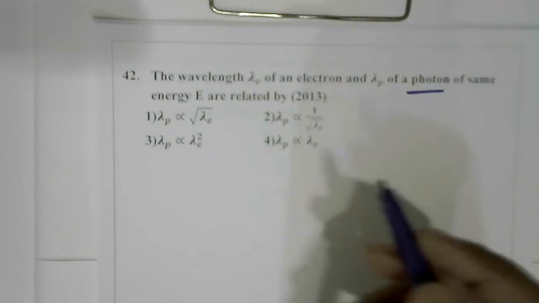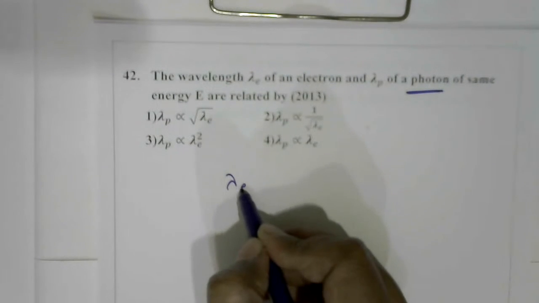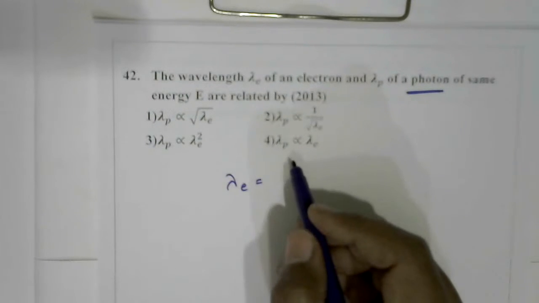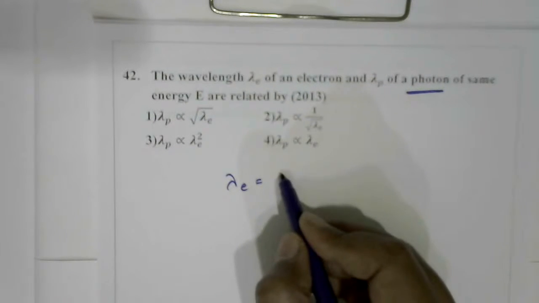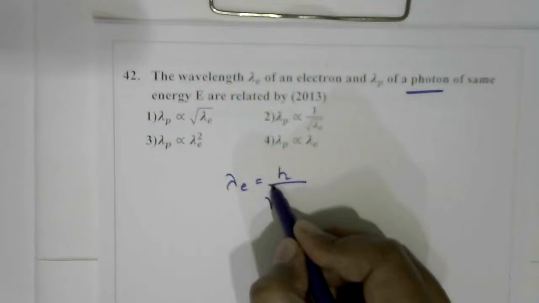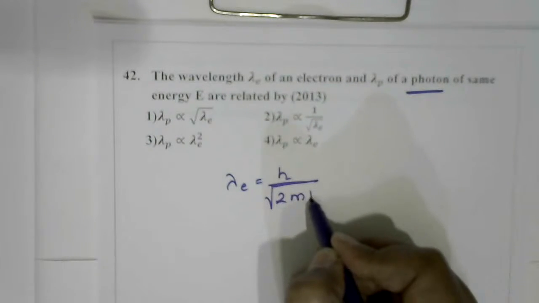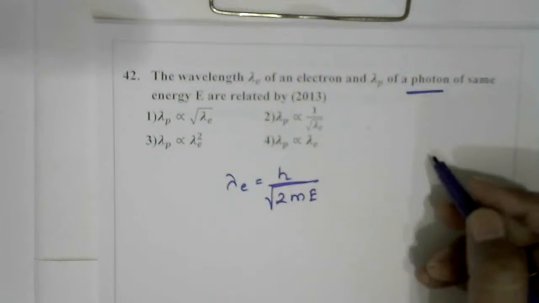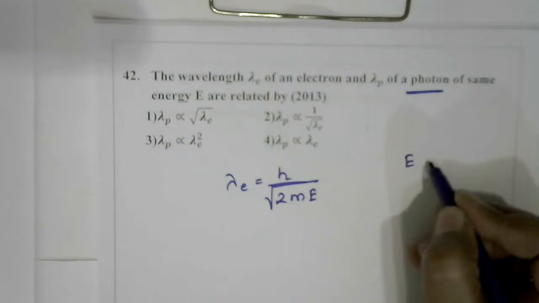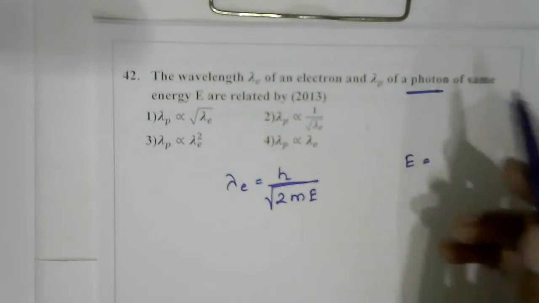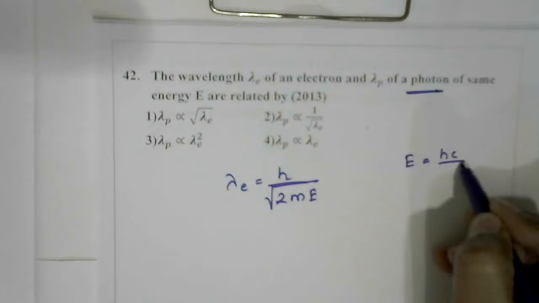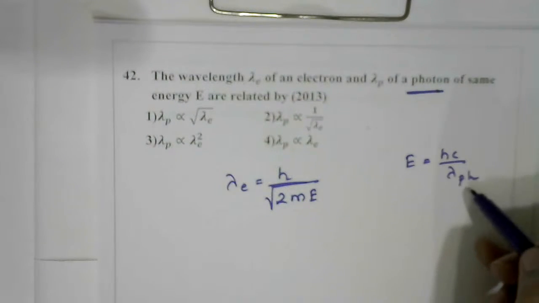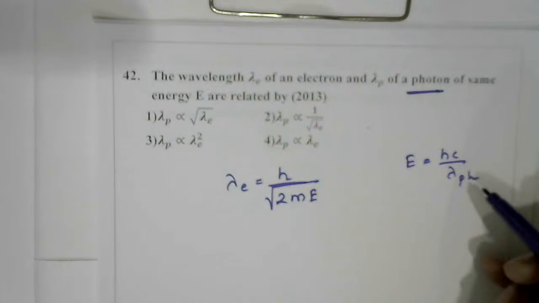So lambda of E, we are having it as h by square root of 2mE. Since you have to relate in terms of E itself, for the wavelength of the photon, what will you write? hc by lambda of photon you write, children. Okay, I think like this only we have to relate.